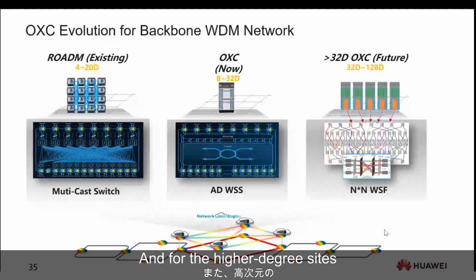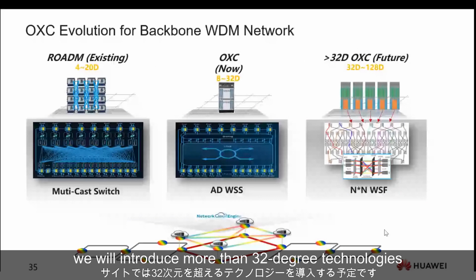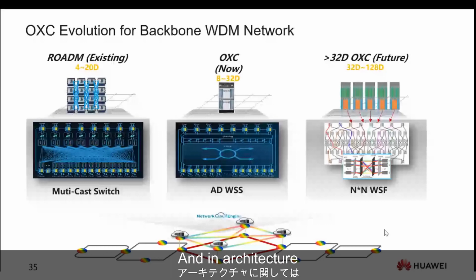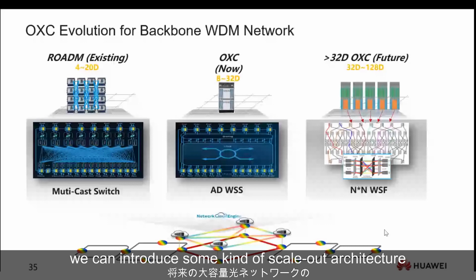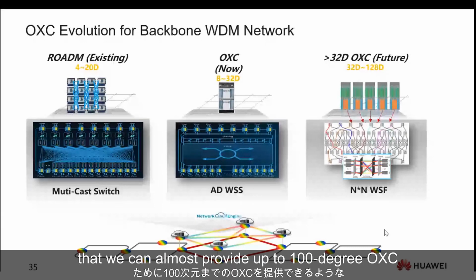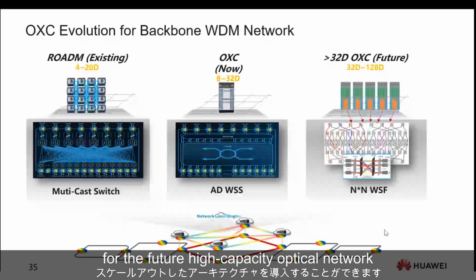And for the high degree site, we will introduce technologies of more than 32 degrees. In architecture, we can introduce some kind of scale-out architecture that can provide up to 100 degree OXC for the future high capacity optical network.